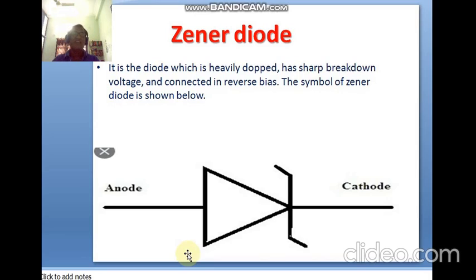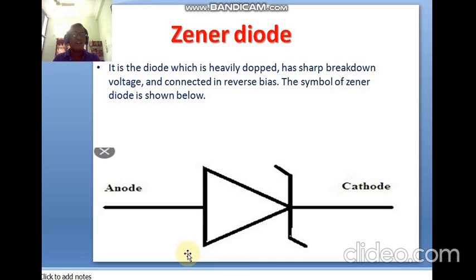Therefore, we always connect this Zener diode in reverse bias only, because in reverse bias the thickness of the depletion layer increases. So in order to overcome the thickness, more charge carriers are required. For that purpose, the material is heavily doped, that is the main feature.